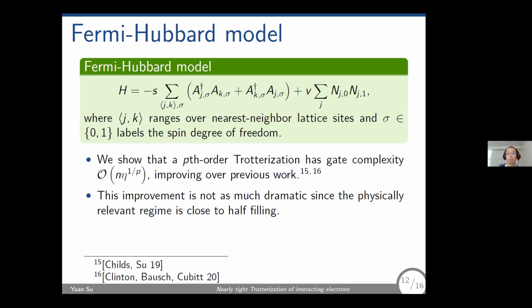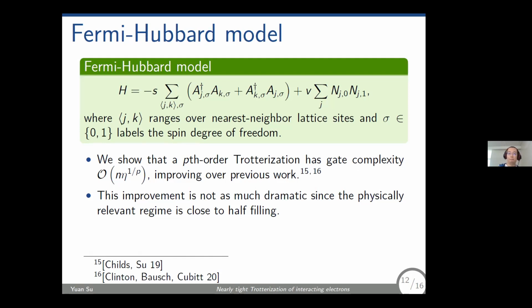We can also get some improvement by applying these new results. This improvement is not as dramatic as the improvement in the electronic structure simulation because the physically relevant regime is very close to half filling, but we are still able to improve over the best previous results in trotterization.